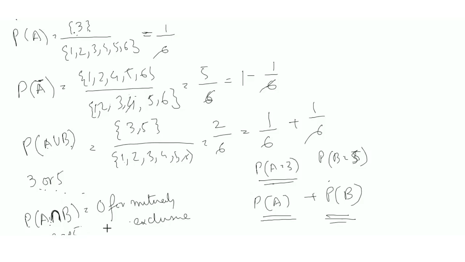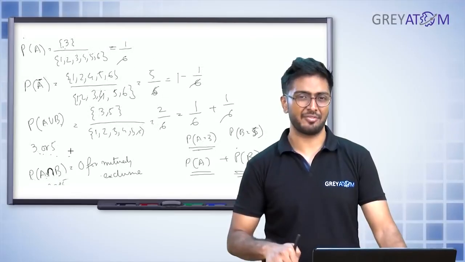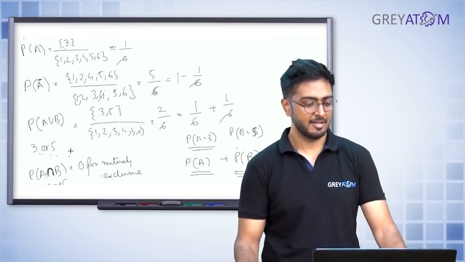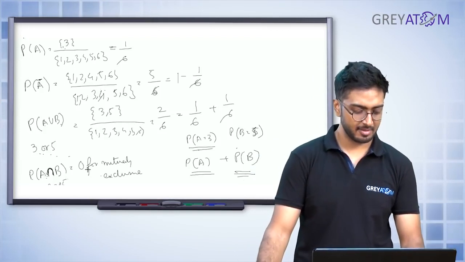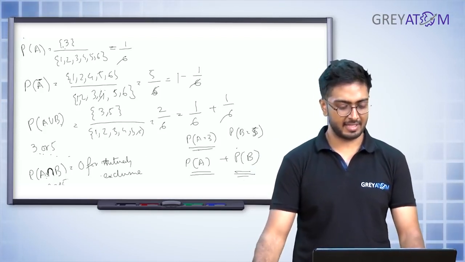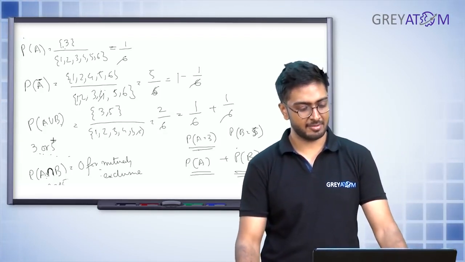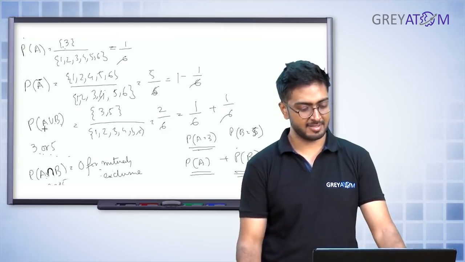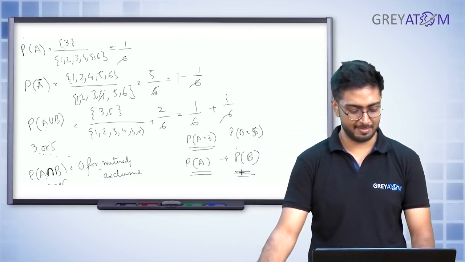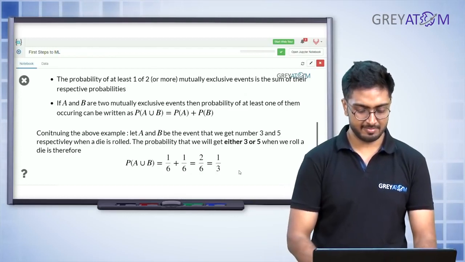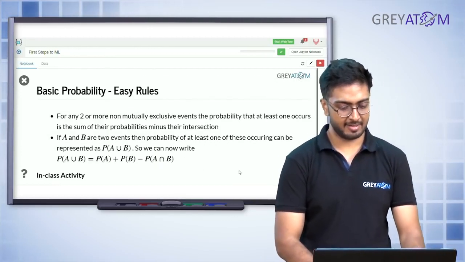Obviously you can have either 3 or 5, but you cannot have 3 and 5 in a single die roll. That's why it's 0. So in the case of mutually exclusive events, A or B is nothing but A plus B, which is awesome. We understand this pretty clearly now.